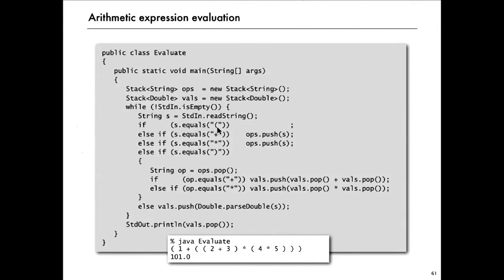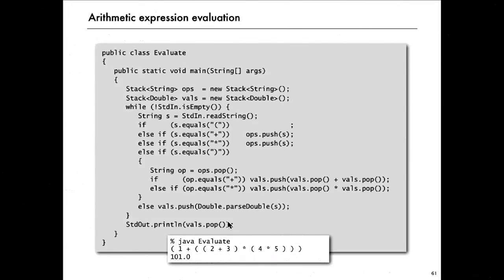I read a new string. If we have a left parenthesis, do nothing. If we have plus or times, push it. If we have a right parenthesis, then go ahead and pop the operator. If it's plus, add the two values at the top of the value stack, and if it's a star, multiply the two values at the top of the stack, and then push the result.